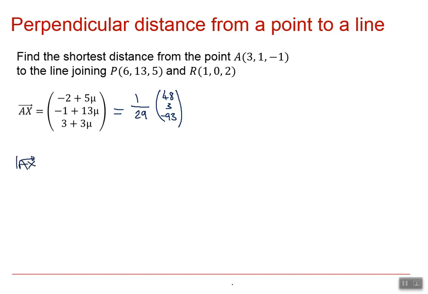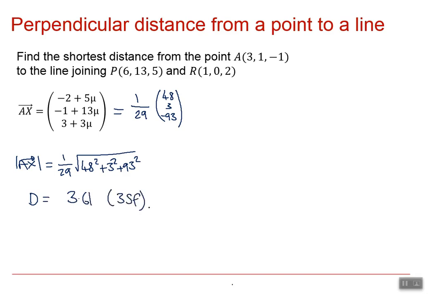So it's going to be the magnitude of the vector AX. So that's 1 over 29 times the square root of 48 squared plus 3 squared plus 93 squared. So that gives us a distance of 3.61 to 3 significant figures.